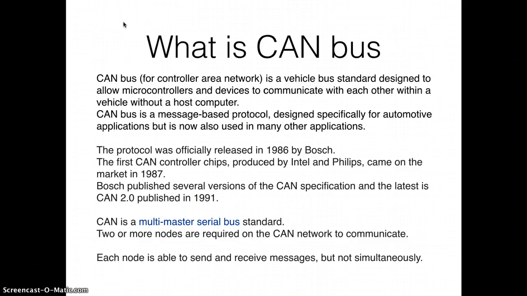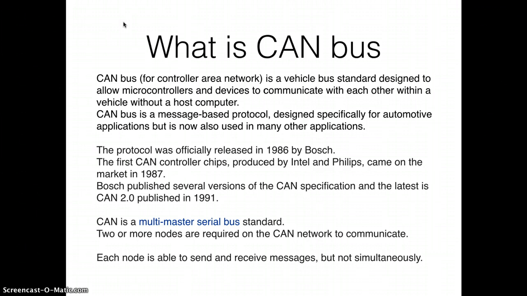The protocol was invented back in 1986 by Bosch, and the first CAN chips were available from Intel and Philips back in '87. During the years, the protocol has had some revision changes, and the latest protocol, that is also the one used today, was published in 1991.